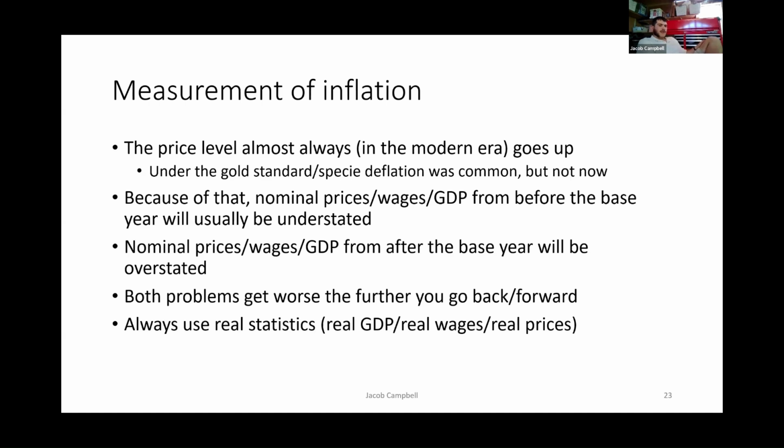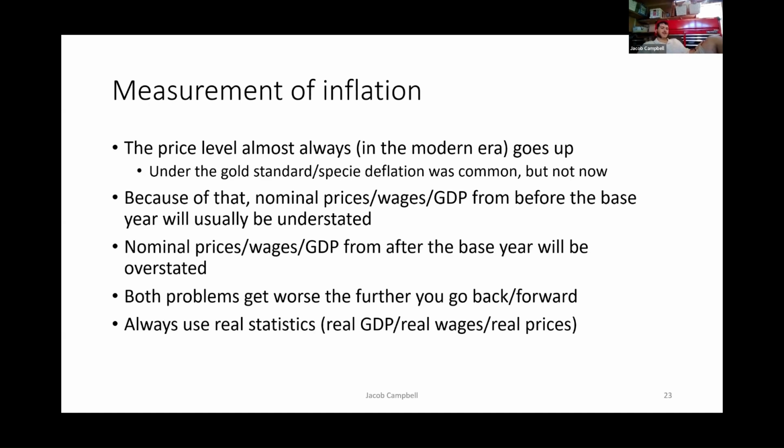If you're comparing everything to the base year, then before the base year, when the price levels are lower, that's going to make things look worse. Or if you're talking about prices, it would actually make it look better than it was. After the base year, it's going to make it look higher than it really is. And both of these problems are going to get worse the further you go back or forward in time.